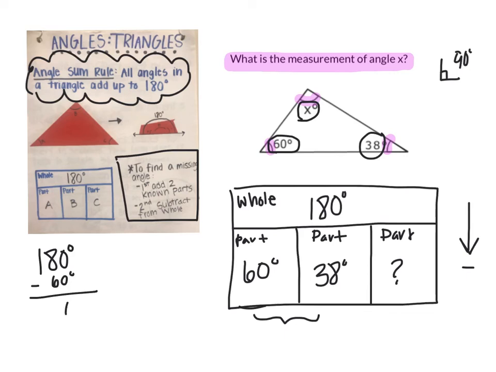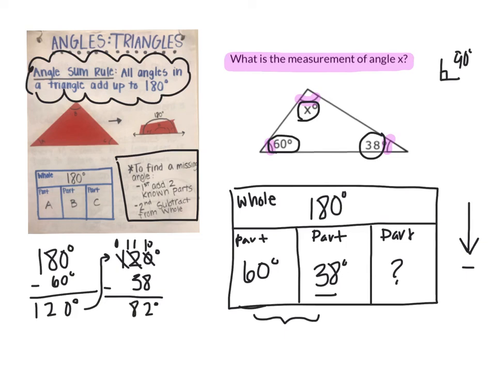Zero minus 0 is 0, 8 minus 6 is 2, and we bring down our 120 degrees, but that's not our answer yet. We still need to subtract 38 degrees. So we take 120 degrees and we subtract that 38 degrees. 0 minus 8, we can't do that, so we go next door and borrow. 10 minus 8 is 2. 1 minus 3, again, can't do that, we have to borrow. 11 minus 3 is 8.